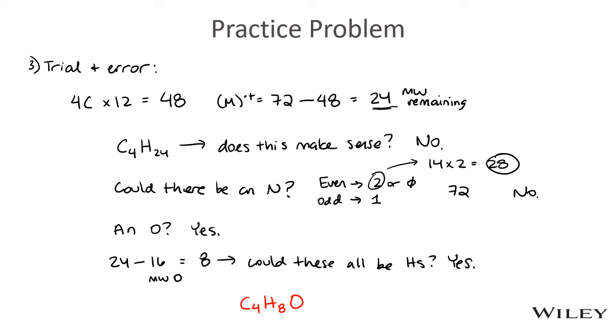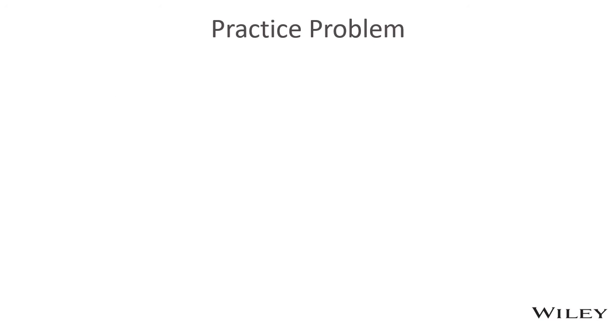So on the next slide, we can draw a structure to make sure every atom has the appropriate number of bonds given this number of atoms. So with C4H8O, I'm just going to propose a structure just to verify that a molecule like this could exist. So I will just draw a constitutional isomer with this molecular formula, similar to what we've been doing since the beginning of organic chemistry.